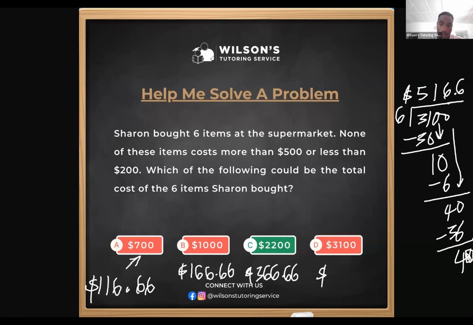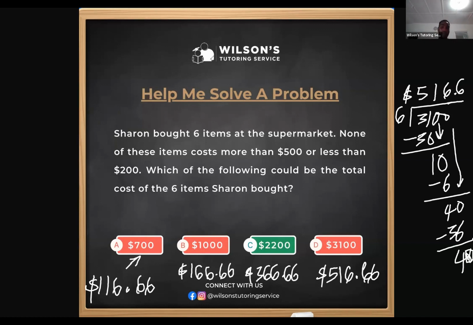So if the cost for everything was $3,100, then I would have paid $516.66 for one item. Now, the reason it couldn't be A is because it's less than 200. And the question says that it cannot be less than 200.